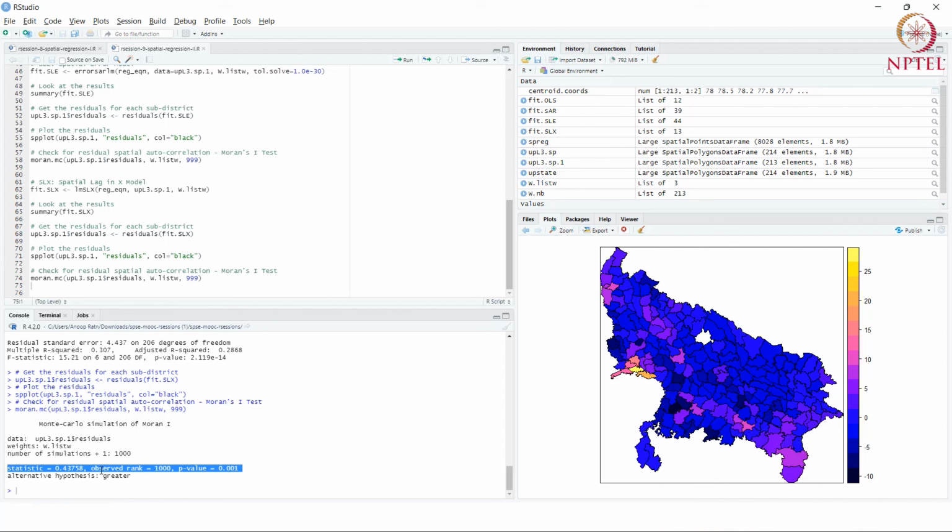So this model doesn't necessarily get rid of the spatial autocorrelation like the spatially lagged and the spatial error models did. One could argue that we should probably go with the spatially lagged or spatial error models, and this is not necessarily the correct model.